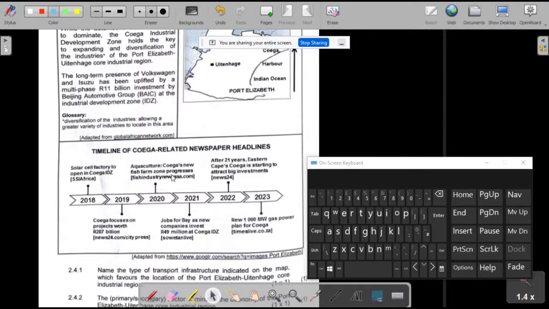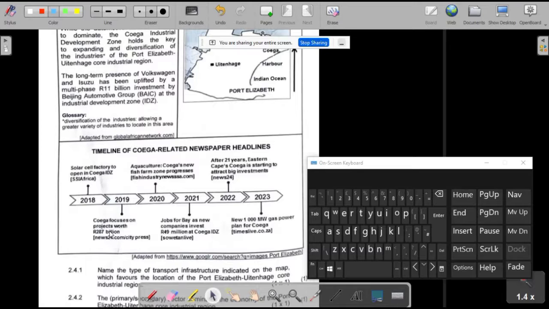Timeline of Coega-related newspaper headlines. So from 2018 to 2023. 2018: solar cell factory to open in Coega IDZ. Okay, so this is the making of solar panels, I guess. So it's a factory that will make solar panels. 2019: Coega focuses on projects worth 287 billion.